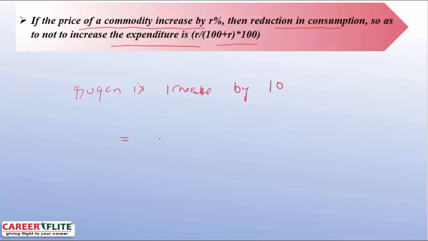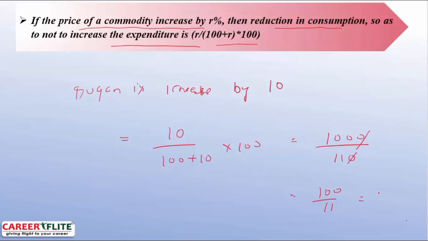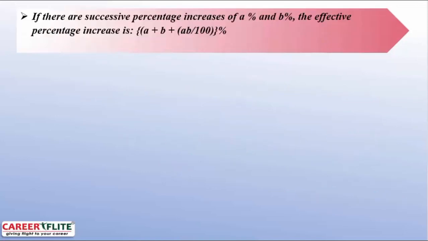The reduction in consumption will be 10 by 100 plus 10 into 100, that is 1000 by 110, that will be 100 by 11, that is 9.09.